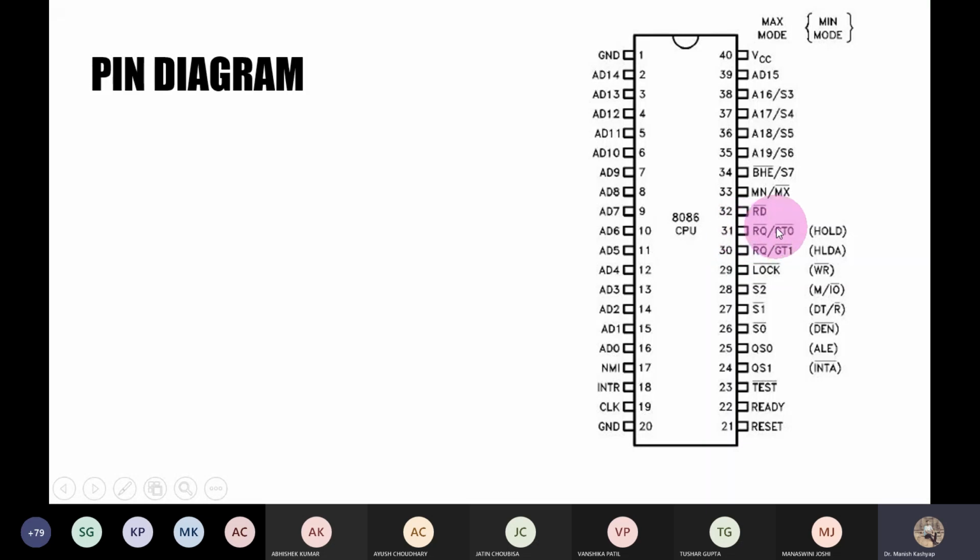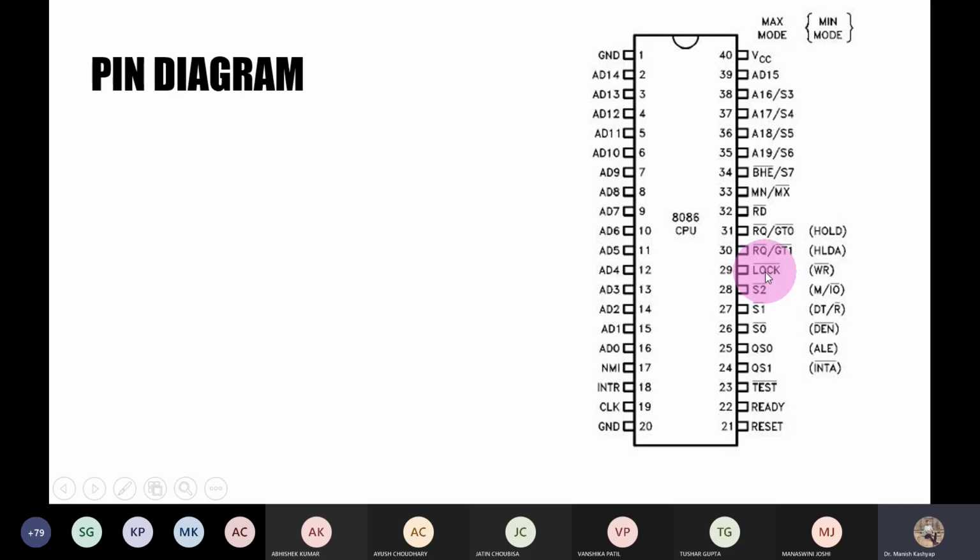The interpretation of RQ/GT0 is for pin 31 only, and similarly a second request can be made here. The priority order is that RQ/GT0 has higher priority compared to RQ/GT1. So these are two requests which can be made. Then there is a lock pin.